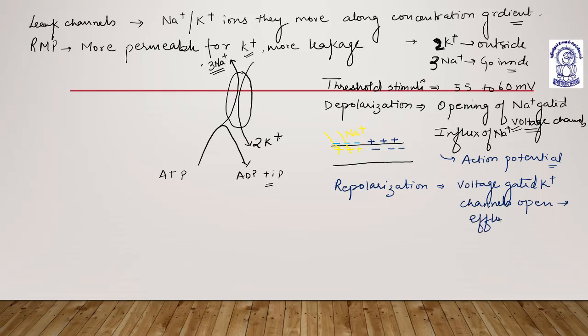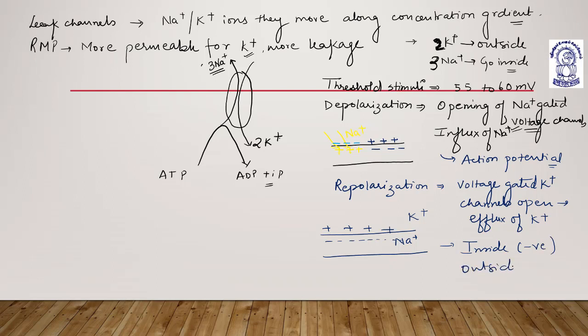Efflux of K+, like this. Inside becomes negative and outside becomes positive. This is repolarization.